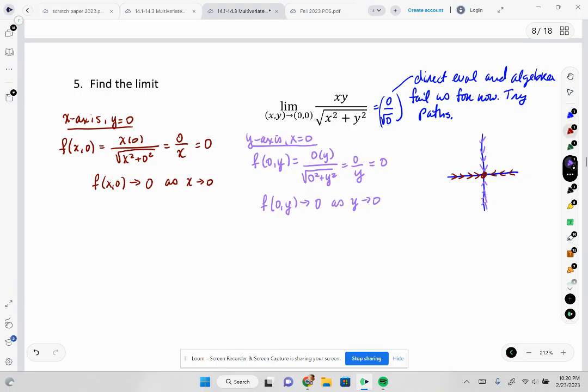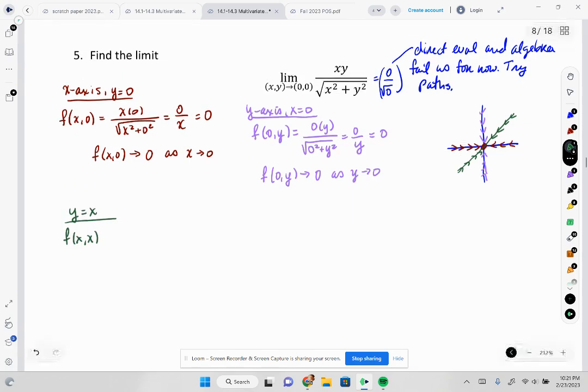Okay, another path, I will go along y equals x. I'm going to run out of colors here. So along y equals x, I'm looking at f(x, x). Everywhere I see a y in my function, I need to plug in an x.